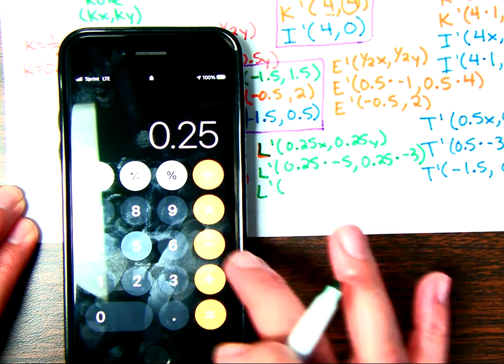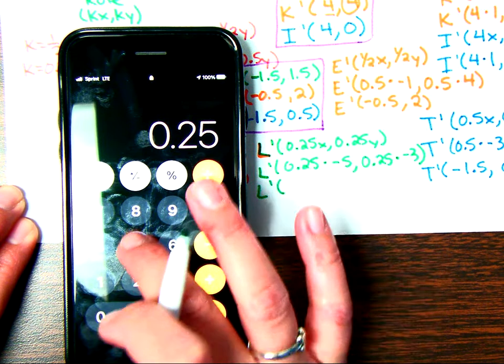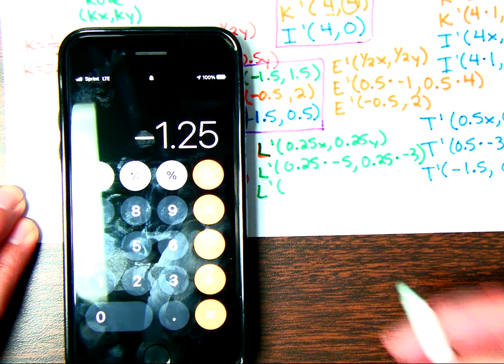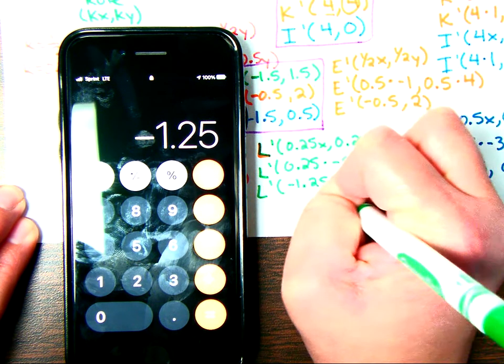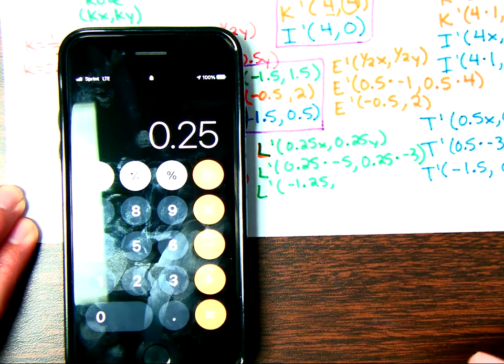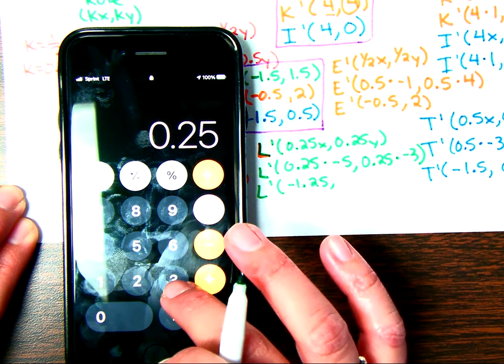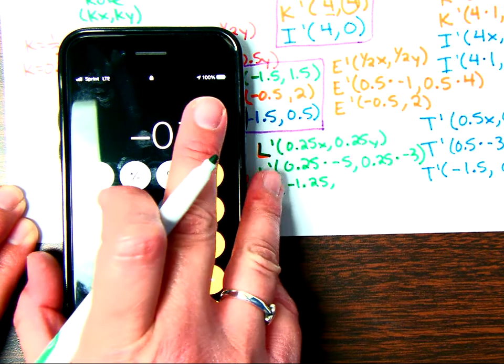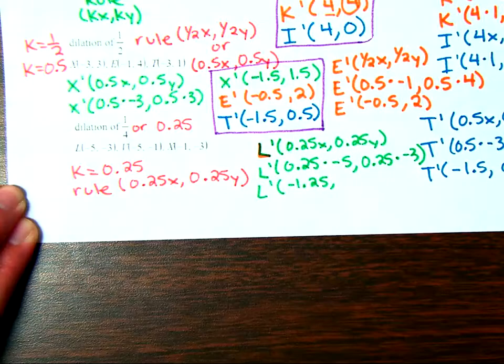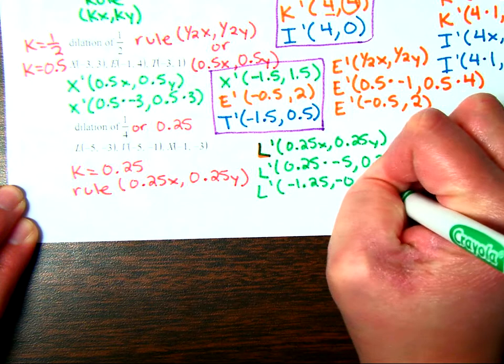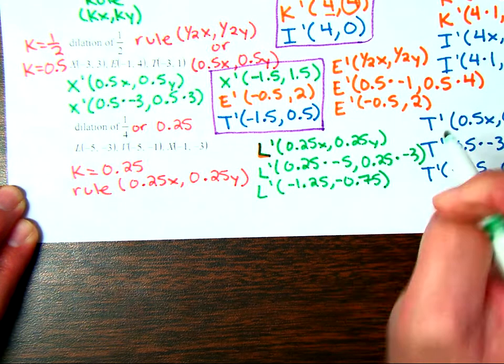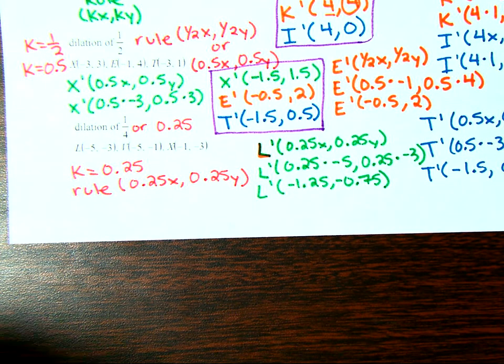So 25 hundredths times my original x, which was negative 5, gives me negative 1 and 25 hundredths. 25 hundredths, which is my scale factor, times my original y, which was negative 3, gets me to negative 75 hundredths. So that's my new ordered pair.